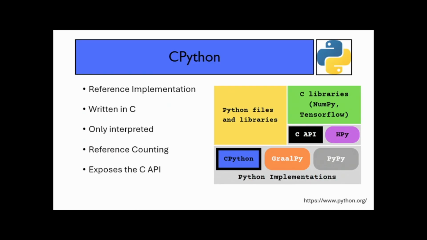But the main thing you need to know is it does garbage collection mainly by having objects hold references to each other. Python also exposes the C API, which is, as I said, the API used to bind C code to Python code. The C API comes from CPython, so it is quite closely tied to it. But we'll talk more about that later.